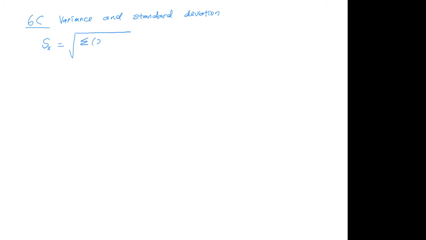The data, take away the mean, then I square it for each one, then I sum it up, then I divide by n minus 1. If I have a set of data, this is the mean.